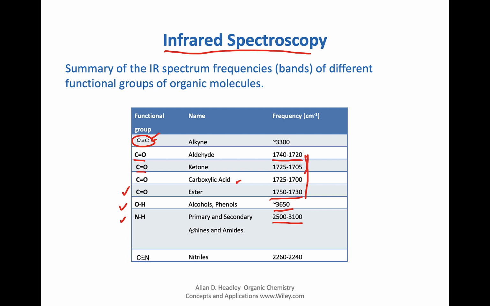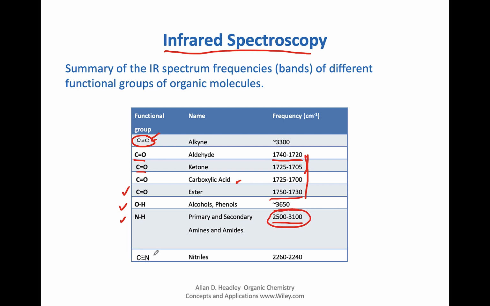And of course, as you know from organic chemistry, there are different types of amines, primary, secondary, and tertiary. So again, if you have a very sensitive infrared spectrometer, you should be able to tell what type of amide exists if it has a signal in that region.